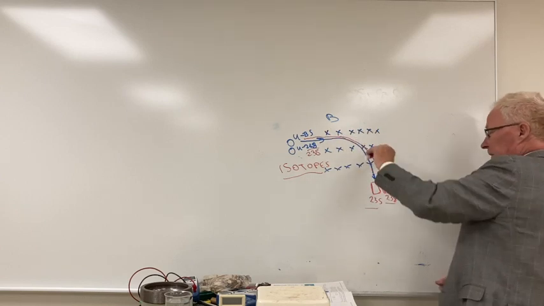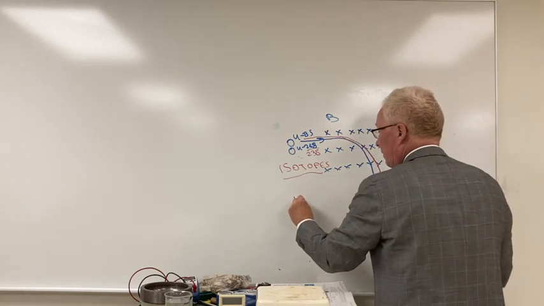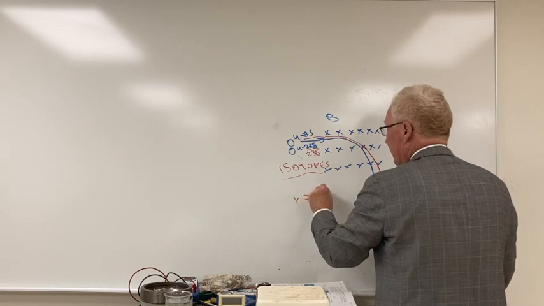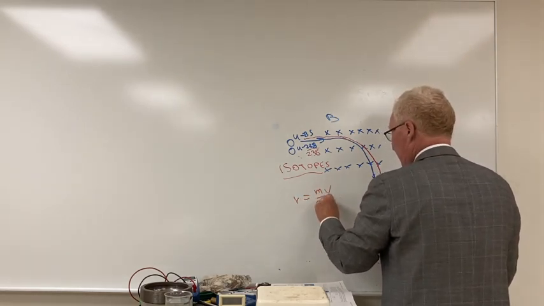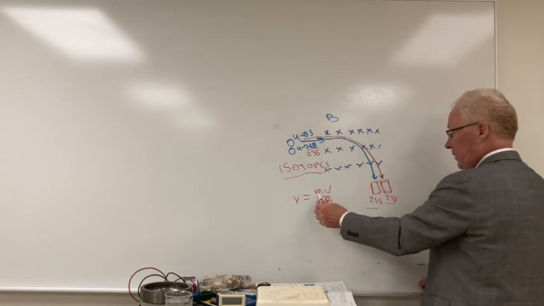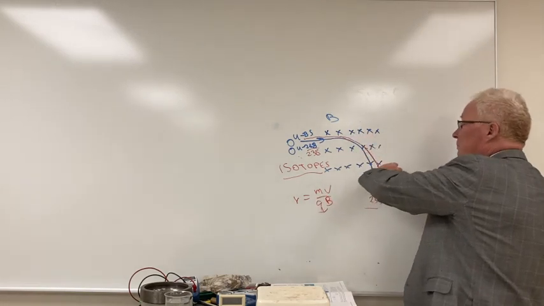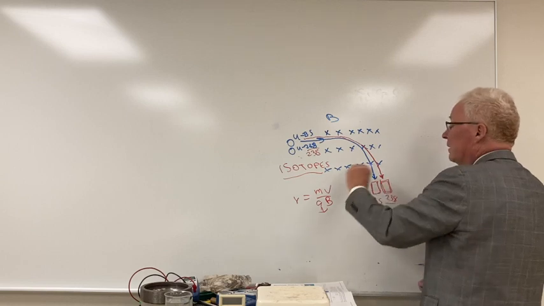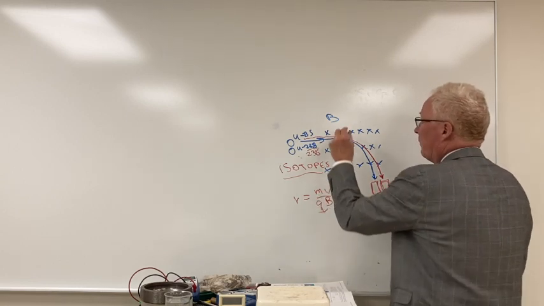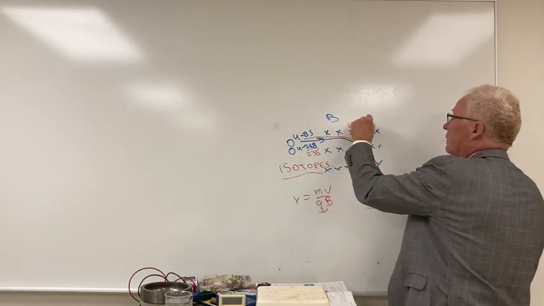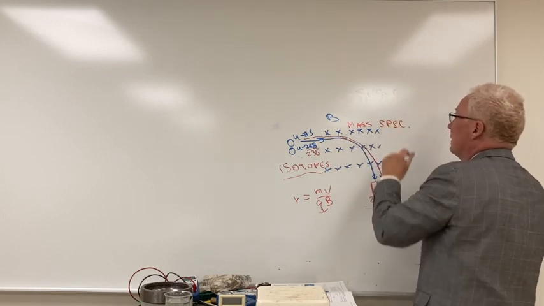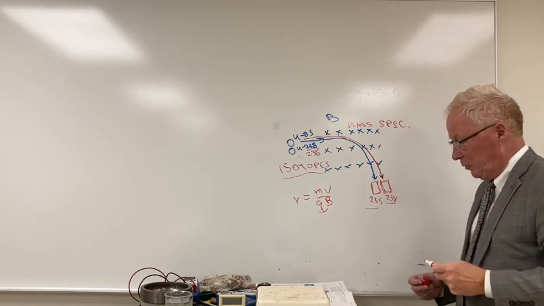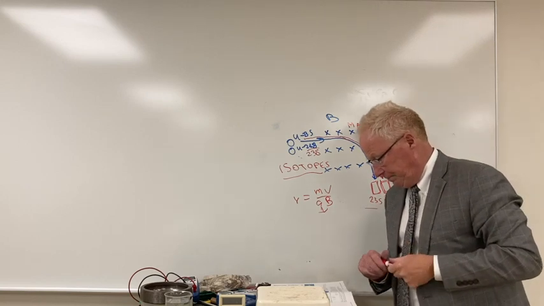We take advantage of the fact that R is mv over qB, so if it's slightly more massive, it's going to have a slightly bigger radius of curvature. This is the principle of a mass spectrometer, or mass spec, as we call it.